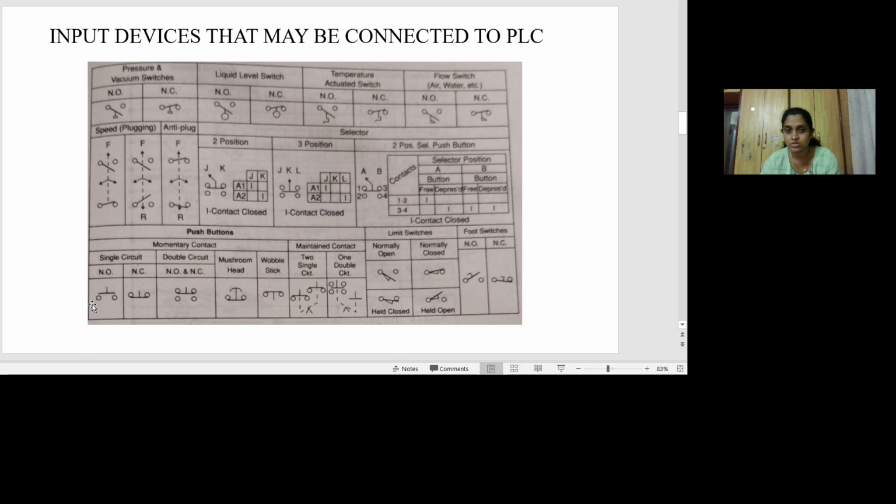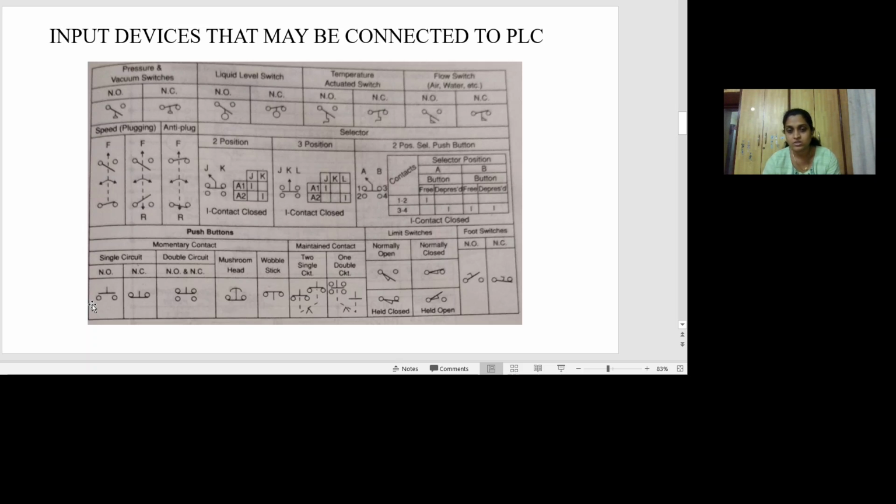In that selectors, you have two position selector and three position selector switches. Then the push buttons, and here you also have foot switches, and then the limit switches. So all these switches are used as input devices, and even sensors can also be used as the input device.